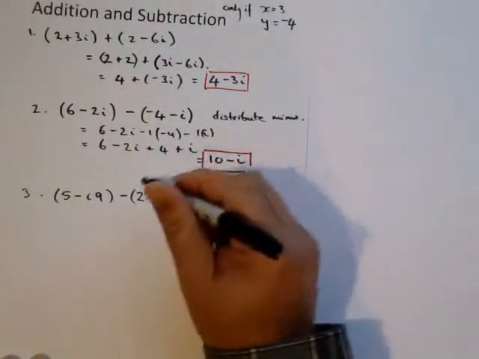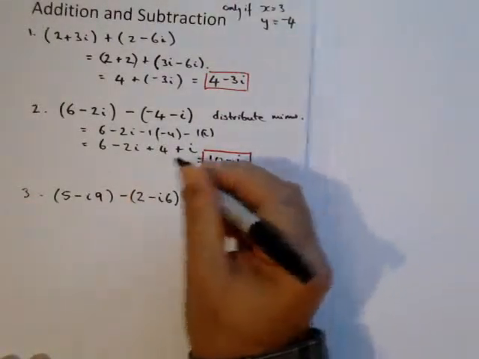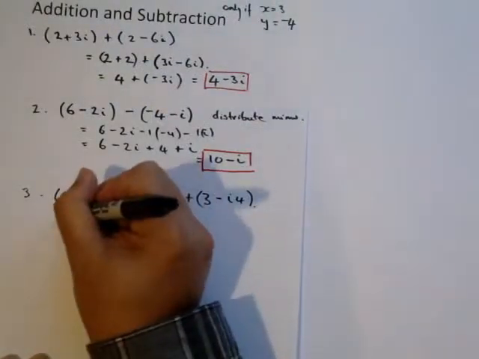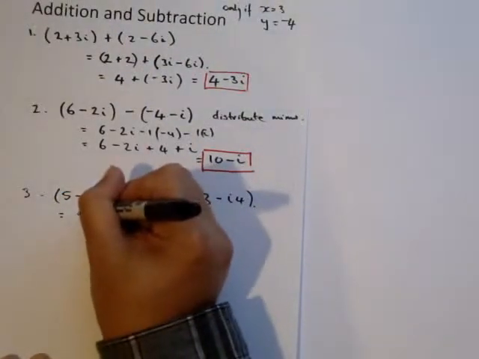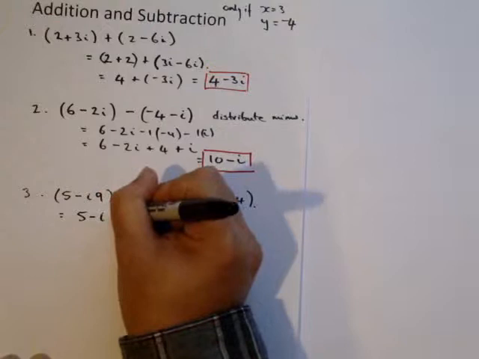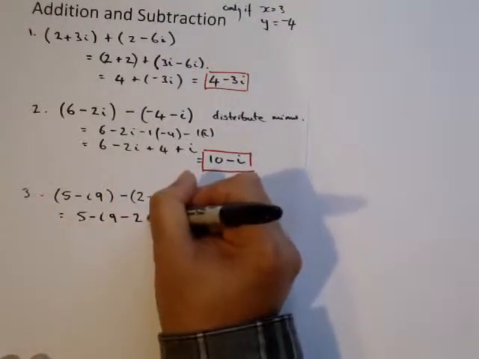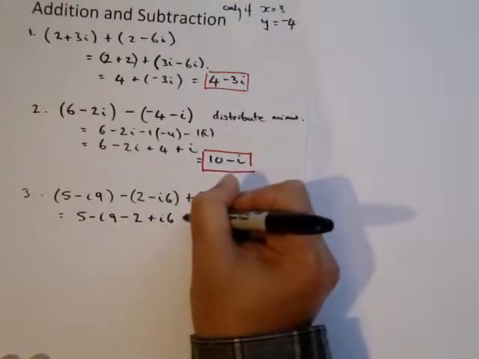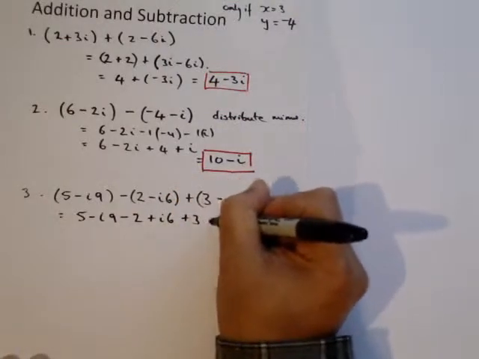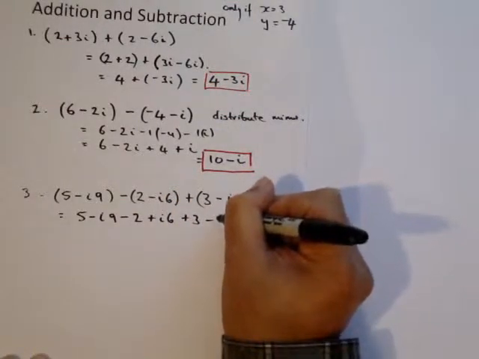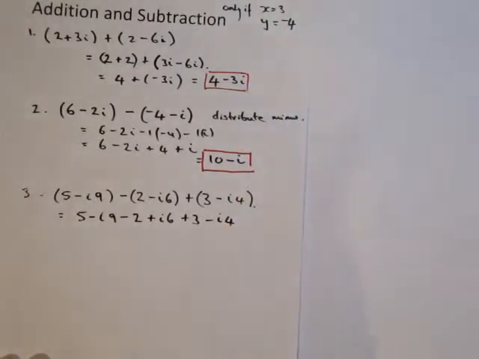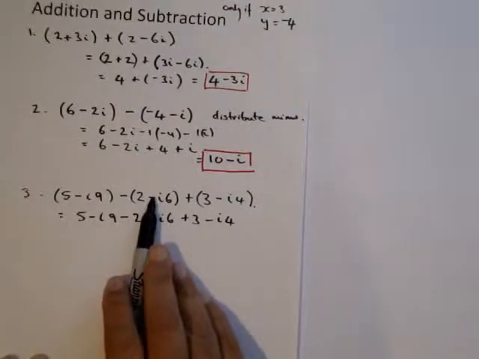So again we need to distribute the minus sign. So this will then be 5 minus i9 minus 2 plus i6 plus the 3 minus the i4. Okay, so we distributed the minus sign to give us the plus here.